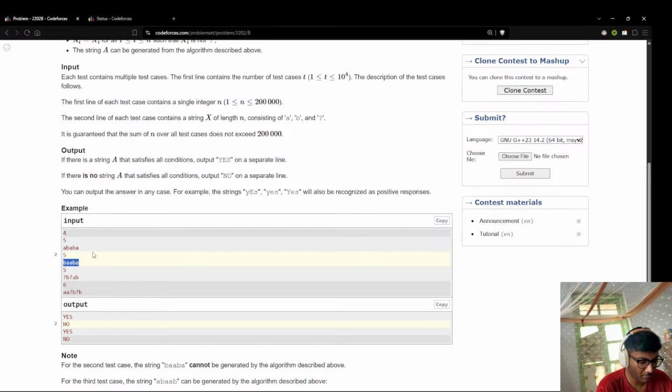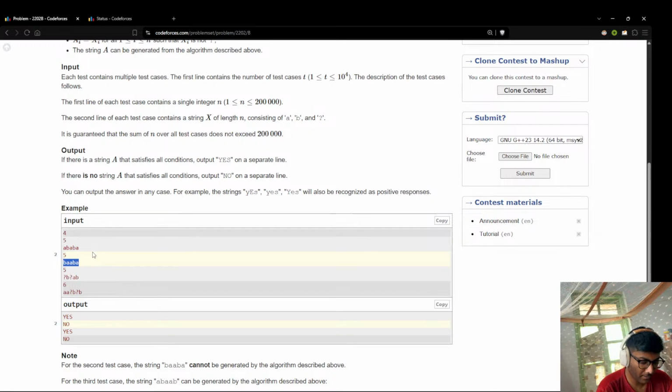But let's say question mark B, question mark A B, and I have A B A B. So I can probably take A and maybe put the first letter as A. Then I can take B, good.